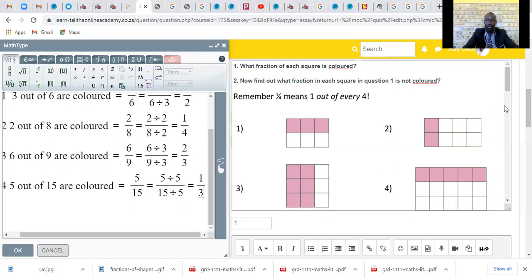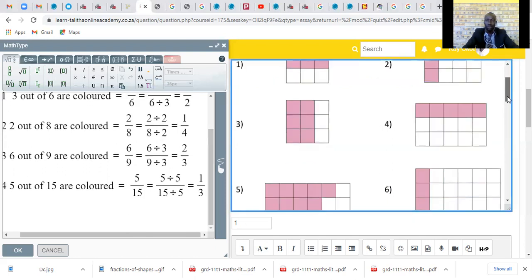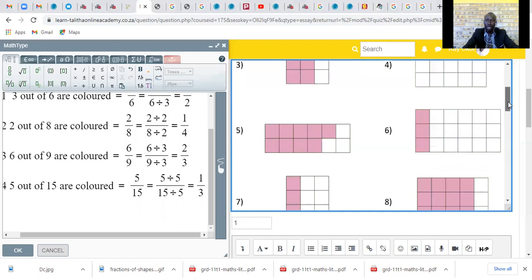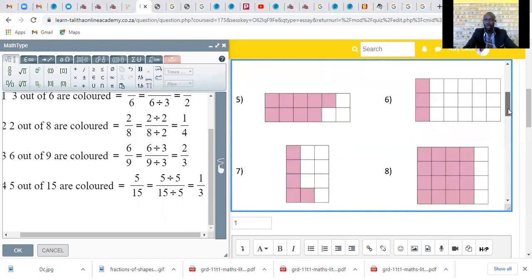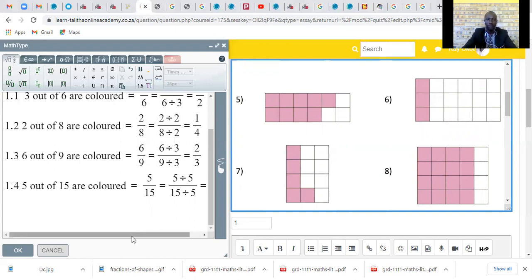Now here is the question. What would be the solution for question 4, rather question 5, question 6, question 7, and question 8? Would you like to try that? I'm going to give this to you as a practice question.